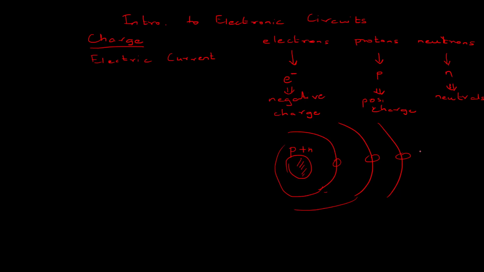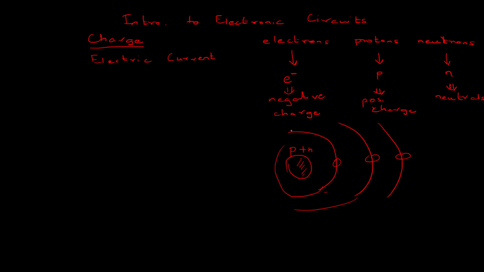Now this is not exactly how it is, because as per Heisenberg's uncertainty principle, you cannot know where the electron is at a particular time with 100% certainty. We have to consider the wave nature of electrons as well. But this is just to get a rough idea of the structure.